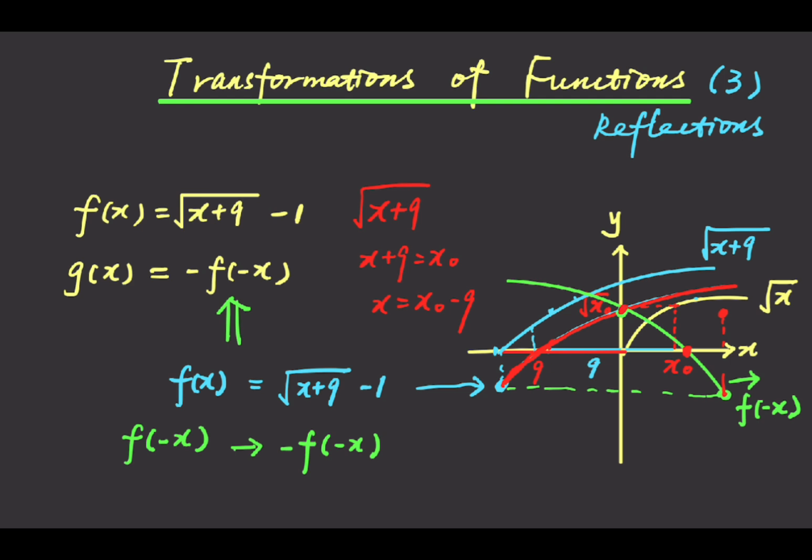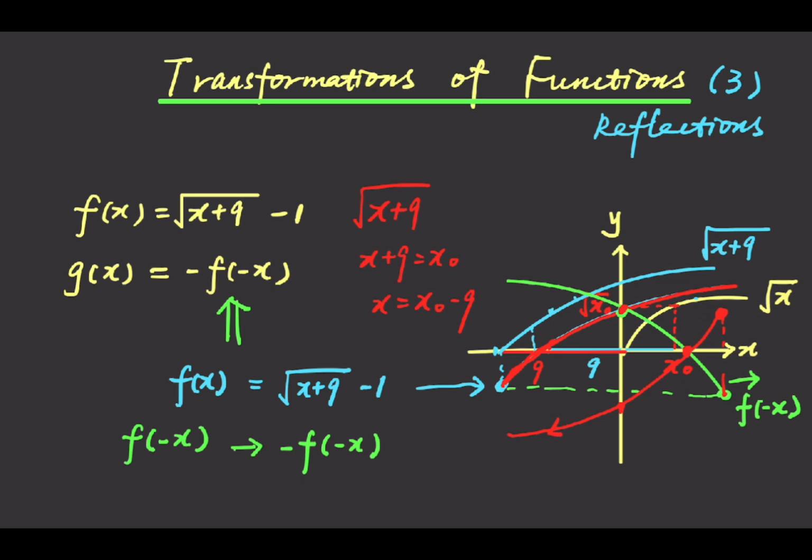This point should be here. So we connect them, we can get this curve. Okay, this is the end point. This is the end point, and the curve should be extending in this direction.